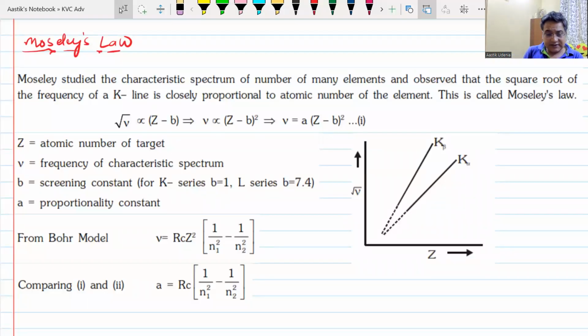Then we come to the last topic, which is known as Moseley's law. Have you heard this name Moseley? Who was Moseley?